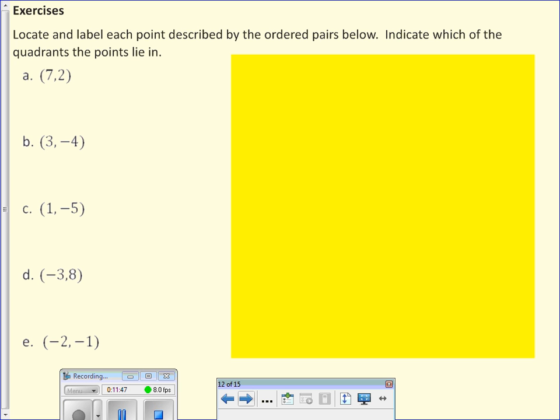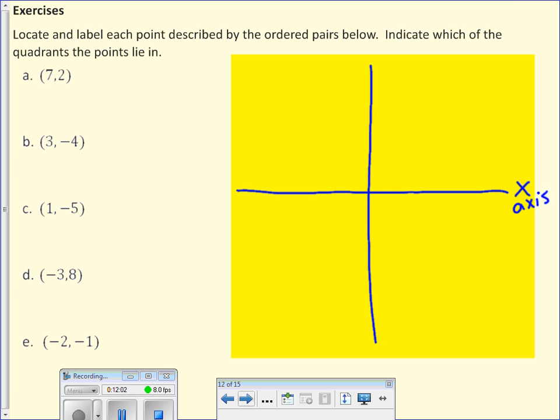Let's set up our coordinate plane so it's ready to go. So there I see my x-axis, so label it x-axis. I see the y-axis, so label that y-axis.